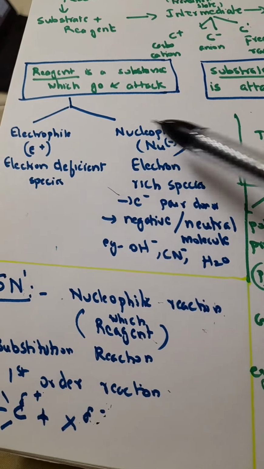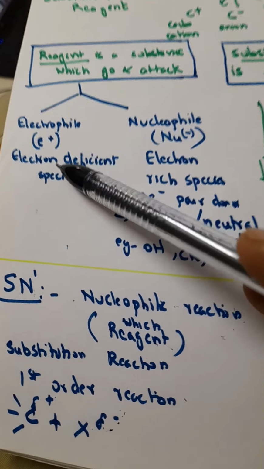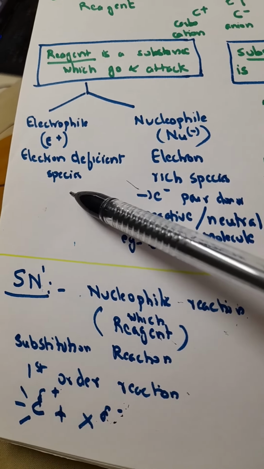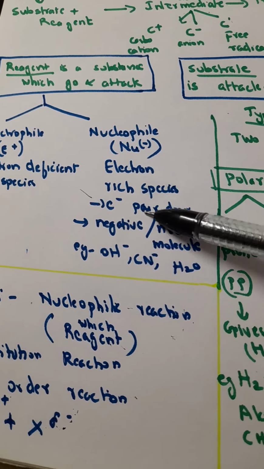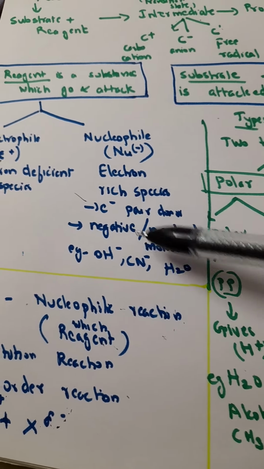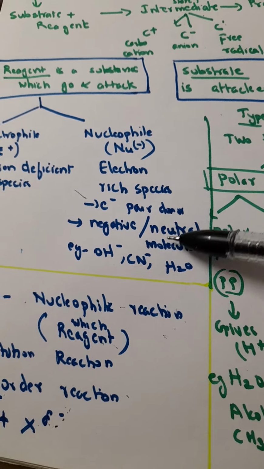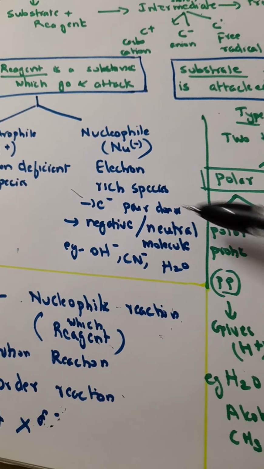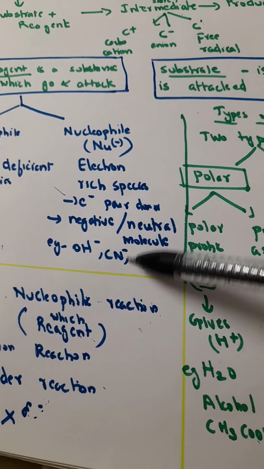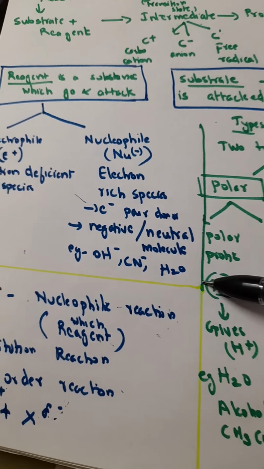Electrophile and nucleophile. Electrophile is E plus, an electron deficient species, whereas nucleophile is an electron rich species, that is Nu minus. It can donate an electron pair, and it can be negative or neutral. Examples are OH minus, CN minus, and if it is neutral, it is H2O.